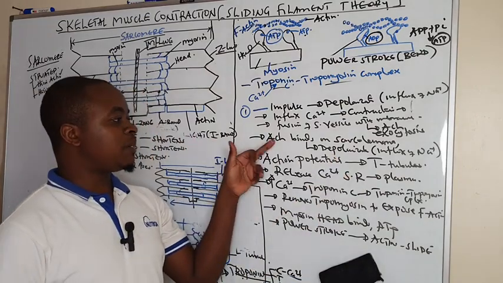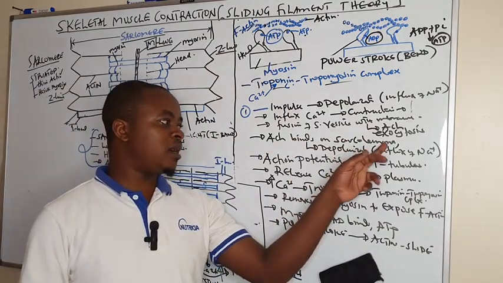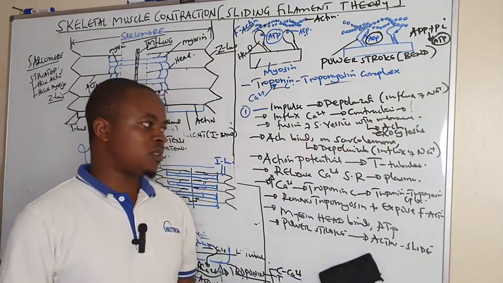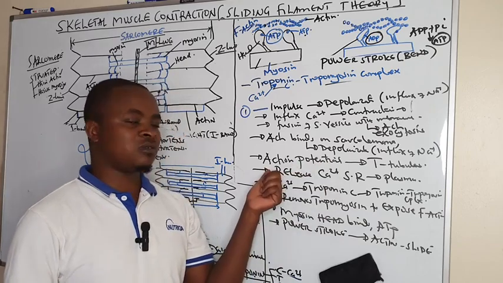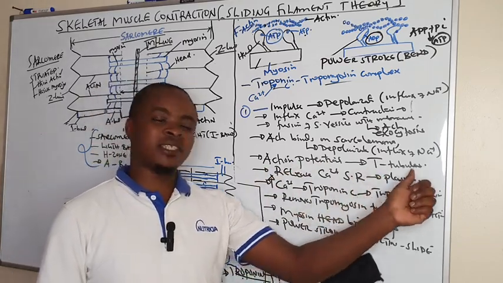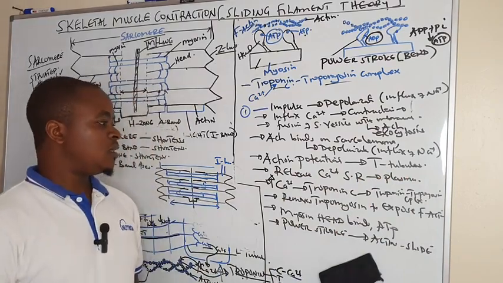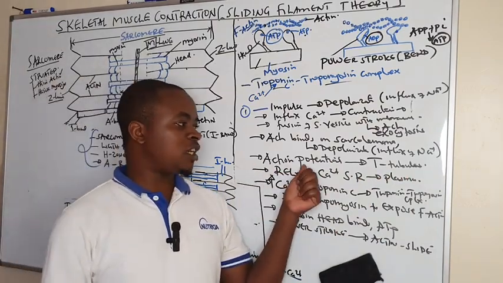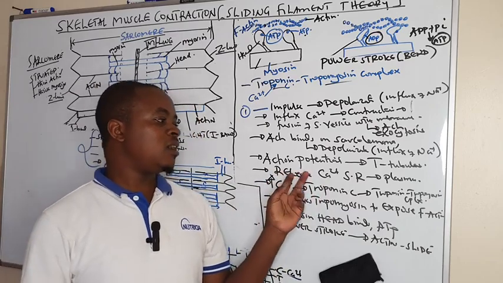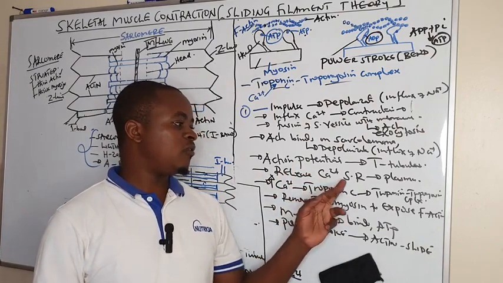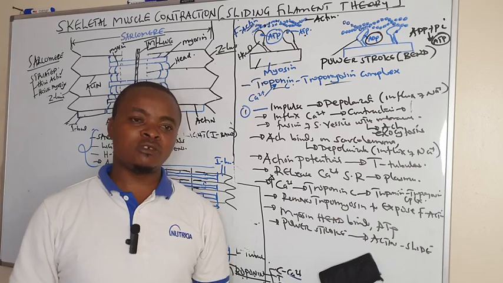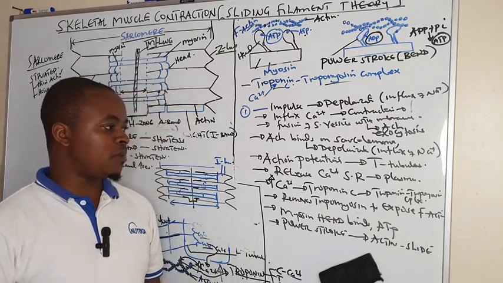Then this neurotransmitter binds on its receptors on the sarcolemma, causing depolarization. Then the depolarization can bring about an action potential, which is propagated by the transverse tubules. Then this action potential is going to shake the systems attached on the transverse tubules, causing release of calcium from the sarcoplasmic reticulum.